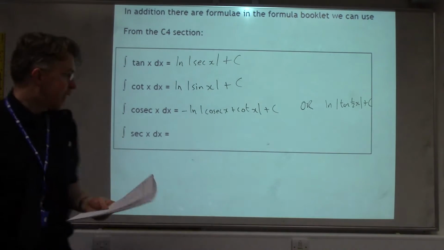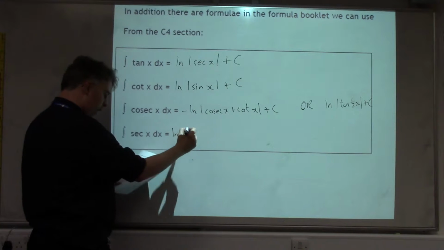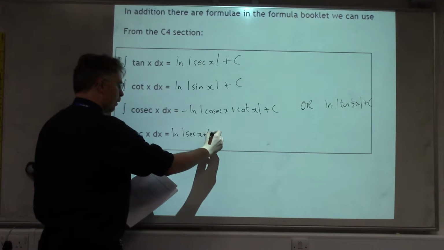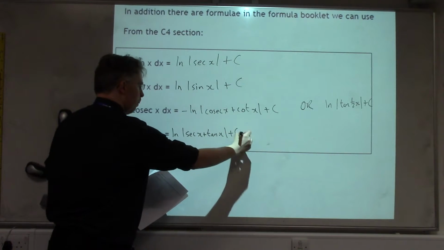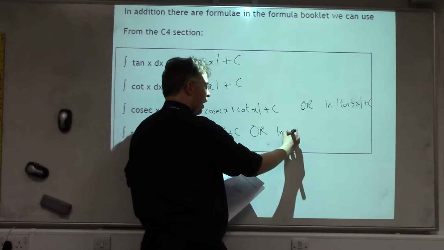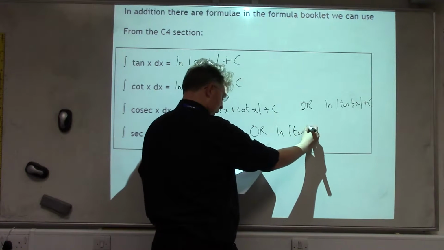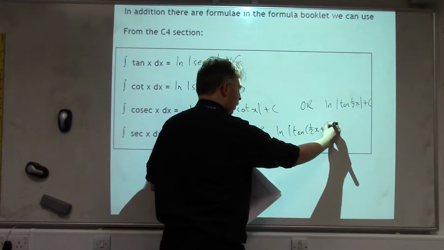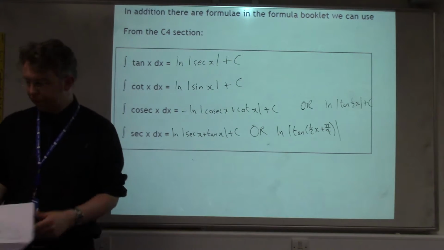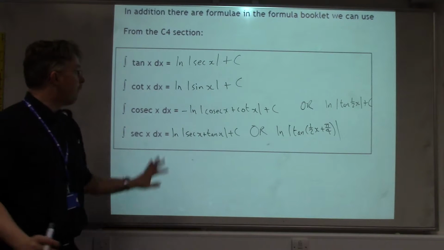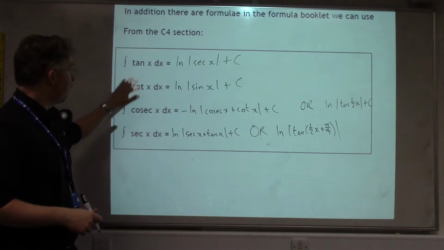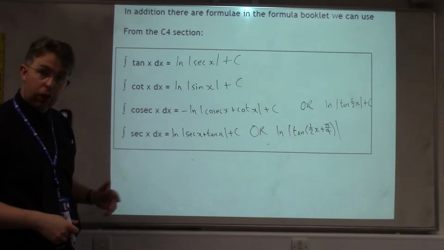And sec x, again there's two possibilities: ln of sec x plus tan x, plus c, or ln of tan of a half x plus pi over 4. So they're in the formula booklet in the C4 section, you don't need to remember them, but if you see these functions to integrate, look them up.